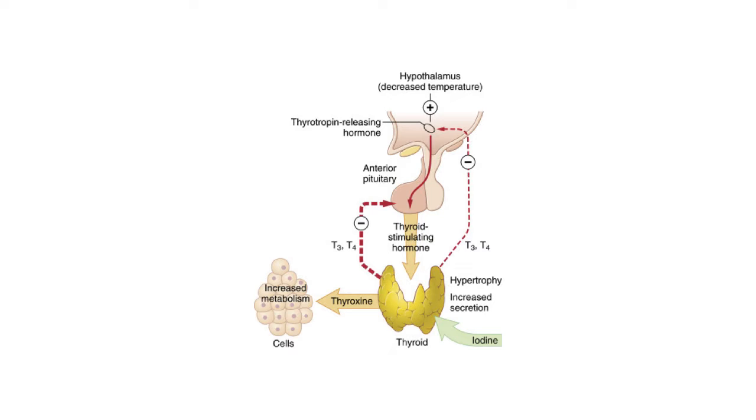So this communication between the pituitary gland and the thyroid gland occurs by way of the bloodstream. So this is an endocrine communication.